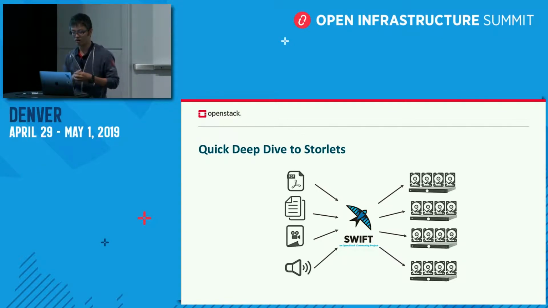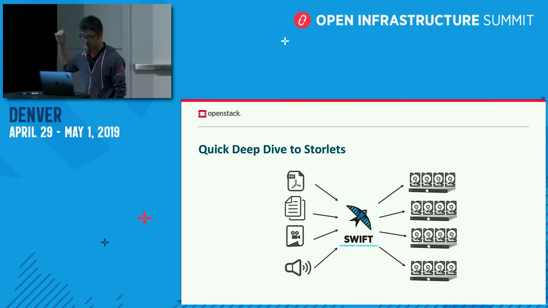Before introducing how Storlets works inside the object storage, I would like to describe what object storage is. OpenStack Swift is an object storage system to abstract your data storage. As you can see, Swift can store any computer data, like PDF documents, movies, audio, and images. On the left side, you can see a bunch of servers that are equipped with hard drives.